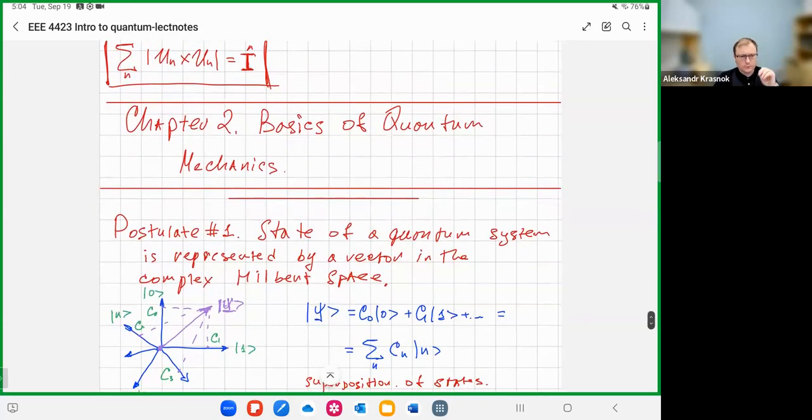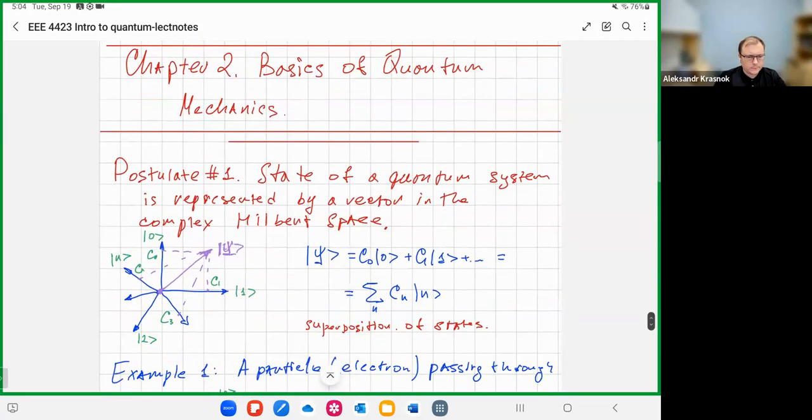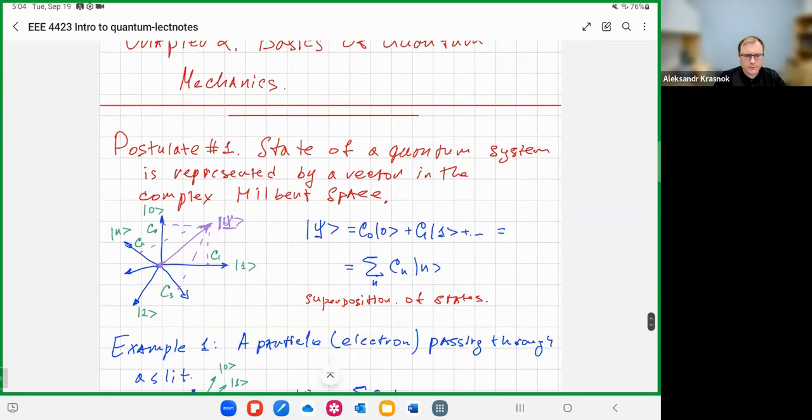We decided to go through this introduction to quantum mechanics in the form of a series of postulates, and the first postulate is the representation of a state of a quantum system in the form of a vector in the complex Hilbert space.